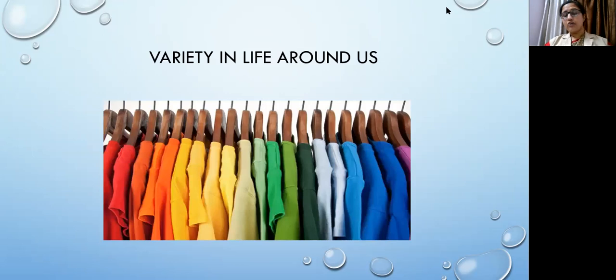Okay, so now see, we have a variety in life around us. There are many different kinds of things in our life, around us, and we see different kinds of objects. So a simple example I will take: you see a variety of people around you, they are of different religions, speaking different languages. In the school itself you can see your classmates, teachers, so there are different types of people.